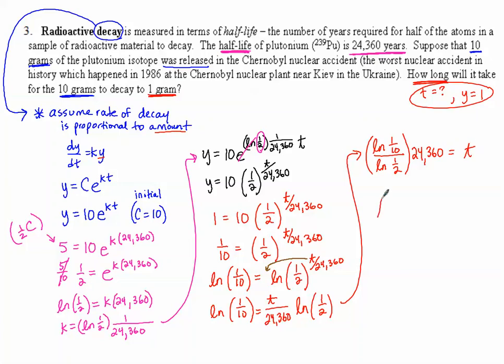Now I head to a calculator, and I get approximately 80,922.168. Remember, we always have to carry it out at least 3 decimal places. And because this is time measured so far in years, I'm going to say years. It takes approximately 80,922.168 years for this to decay down to 1 gram.